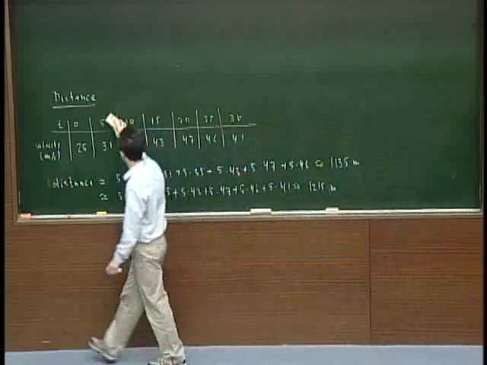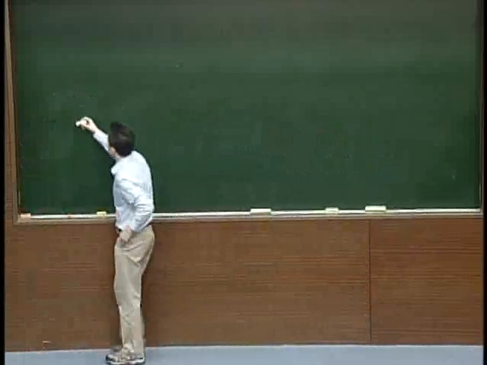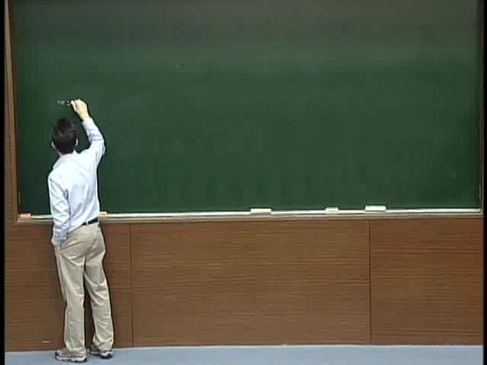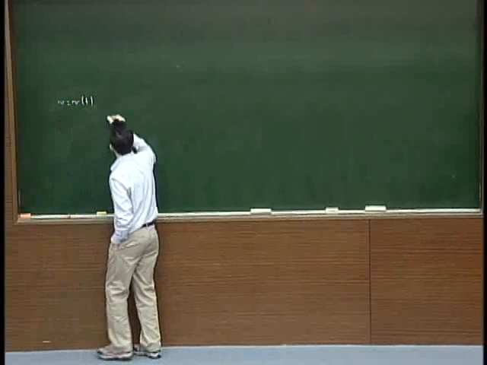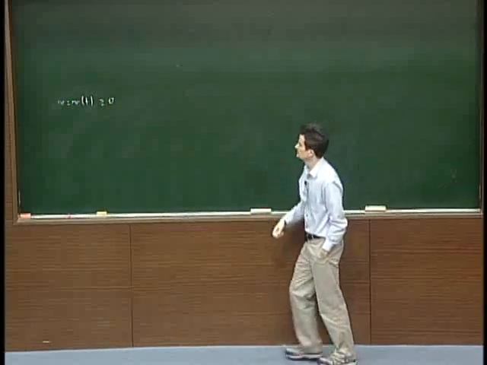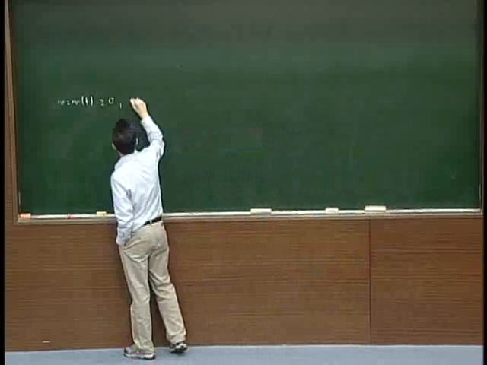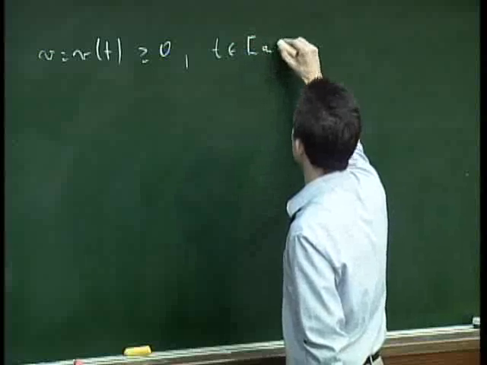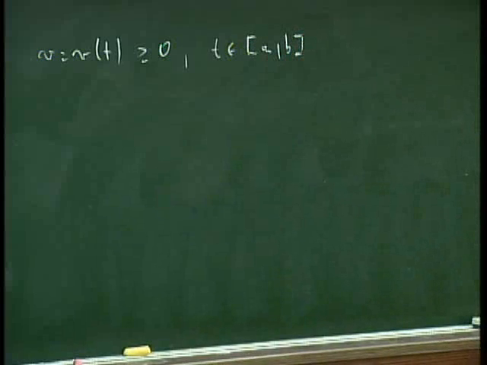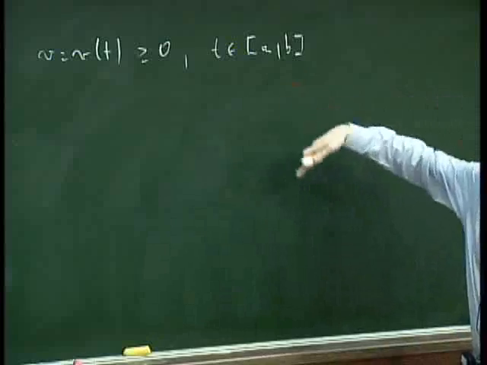Okay, so more generally, if you have given a velocity function, which is assumed larger or equal than 0, so you move forward, and t is over some time interval. Again, in order to approximate the distance traveled, you divide the interval into subintervals, as we have seen.